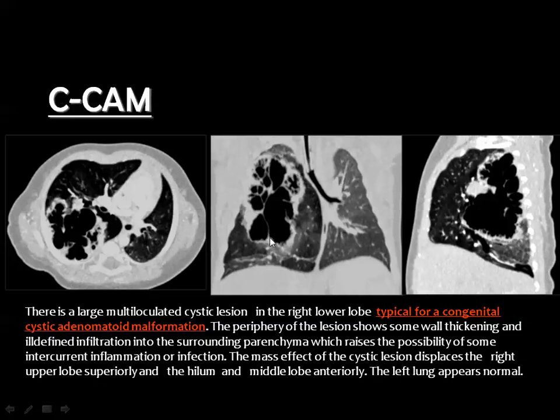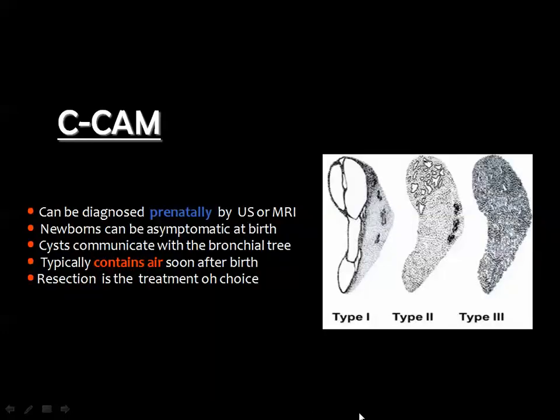The CT scans with coronal and sagittal reformatted images confirmed the presence of a lesion which is made of thick wall air-filled cavities affecting part of the right lung, which is the right lower lobe, and there is enlargement of the affected lung with shift of the mediastinum to the opposite side.